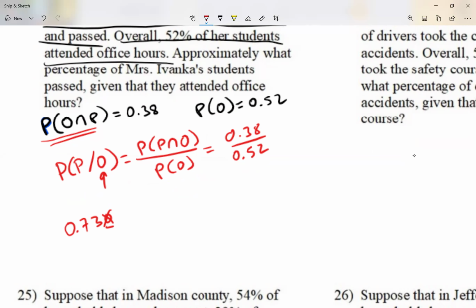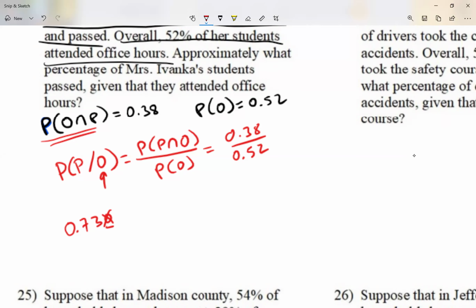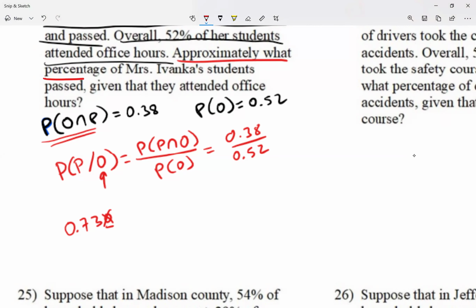Now, one thing here, probability-wise, is 0.73. Probability is a number between 0 and 1, so it's always 0 point something. But here, my question is approximately what percentage? So I'm not asking for this as a decimal. I'm asking this as a percent.